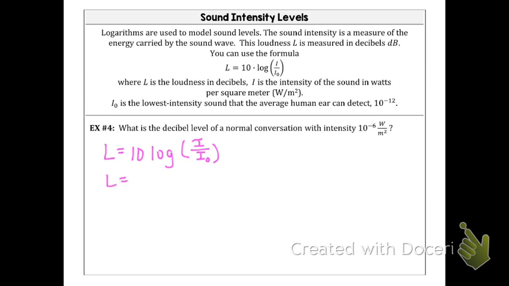The normal conversation is 10 to the -6 watts per meter. That's our I. 10 to the -6 over I sub 0, which it tells us here is the lowest intensity sound that the average human ear can detect, which is 10 to the -12.